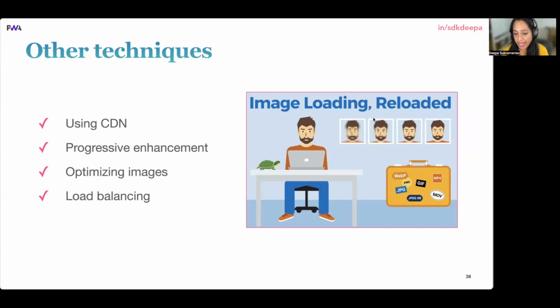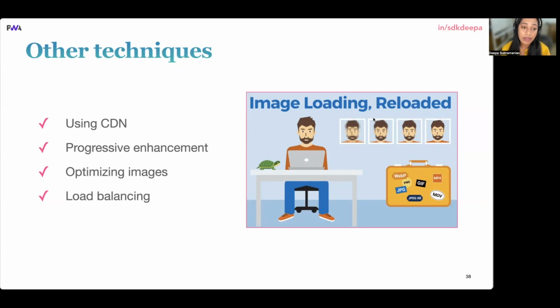And progressive enhancement: build your progressive web app in layers with basic functionality available even without JavaScript, and then enhance the experience for users with JavaScript-enabled devices. This approach ensures accessibility and resilience too.